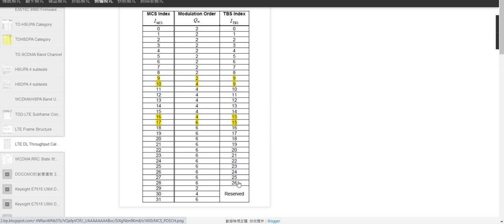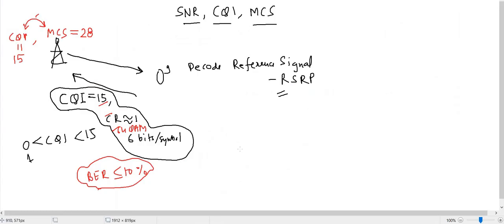So this is also a table that we have to use. After getting CQI, MCS is determined, and after getting MCS, there is transport block size index.